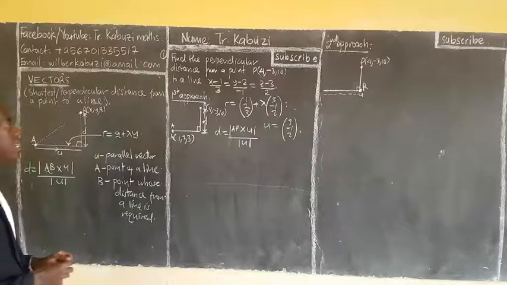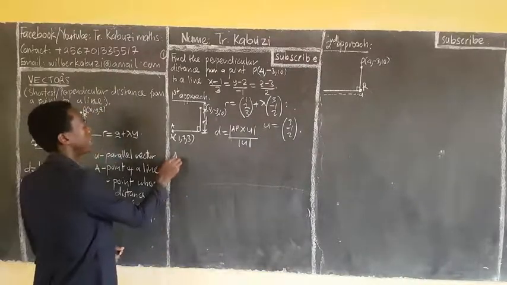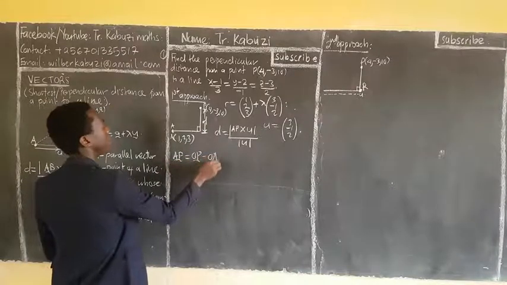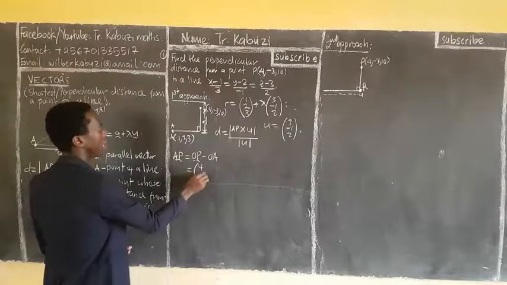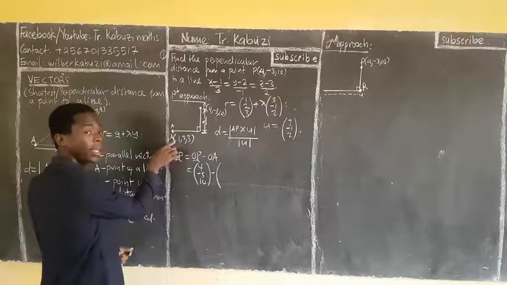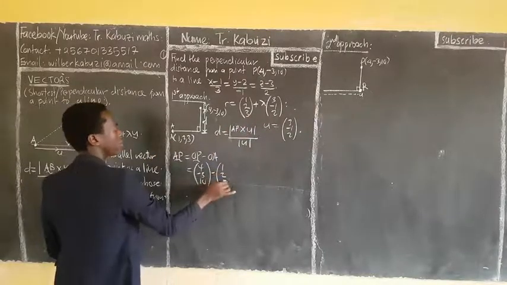So from there I just get AP. AP is B minus A, which will be 4, negative 3, 10, minus A. The point on the line is 1, 2, 3.